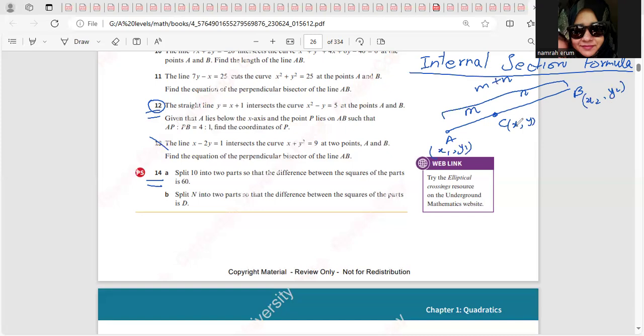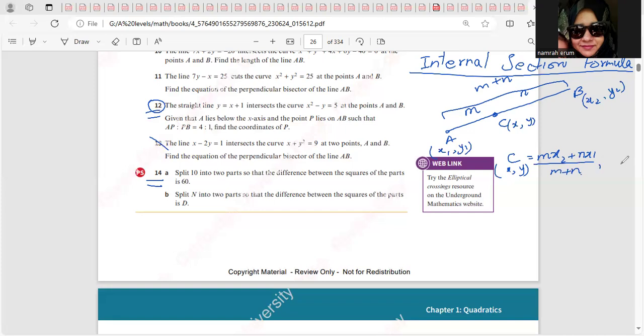So the coordinates of the point that is dividing the line AB into a given ratio can be figured out by a formula that is called the internal section formula, and that is (X, Y) equals M X2 plus N X1 over M plus N. M and N are the ratio.